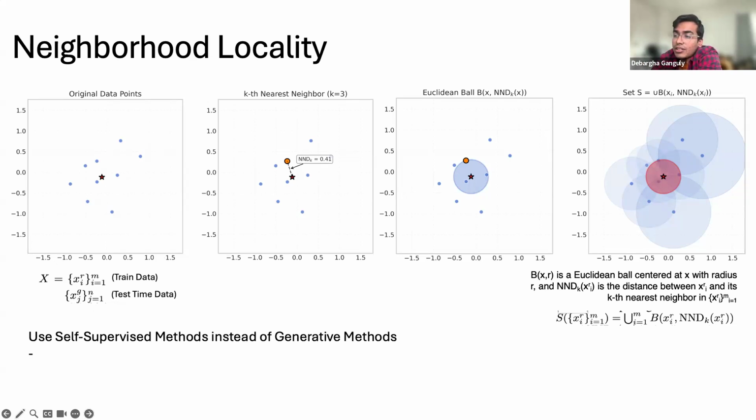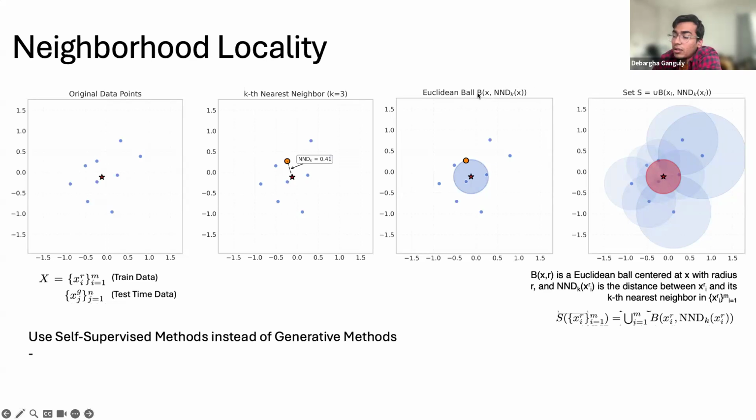So let's say your in distribution data is laid out inside a 2D space like this. So you can start with one point and you can look at its k nearest neighbors. So let's say over here, you set the k to be 3. Now what we want to do is draw a Euclidean ball over here, right?